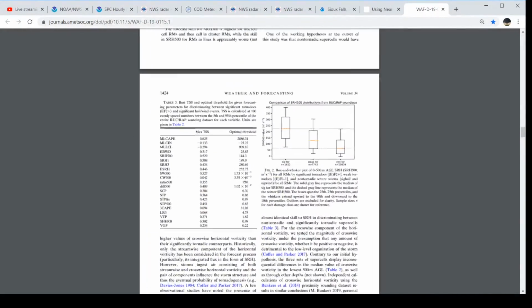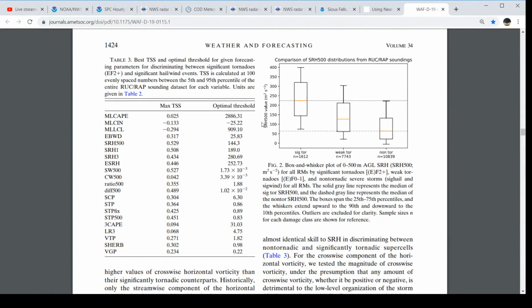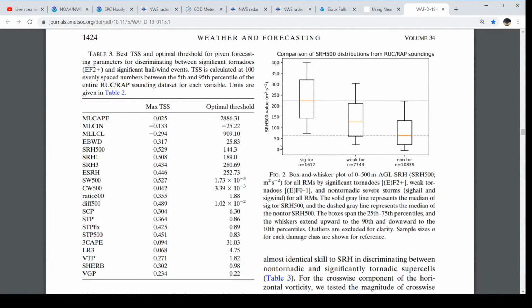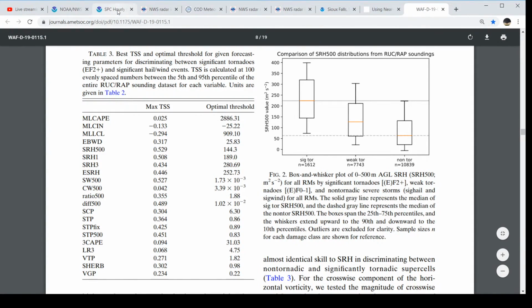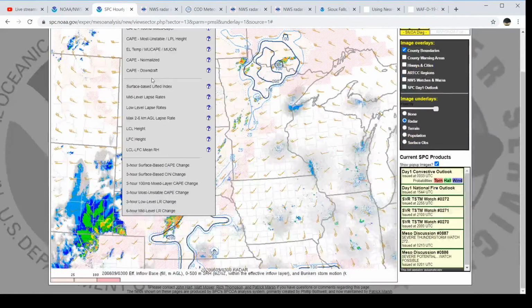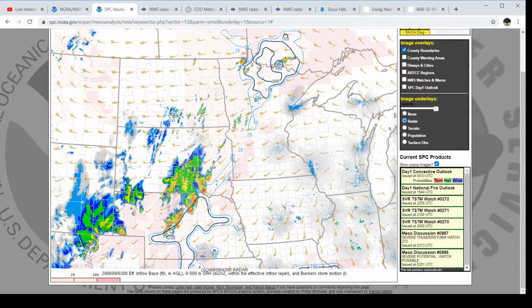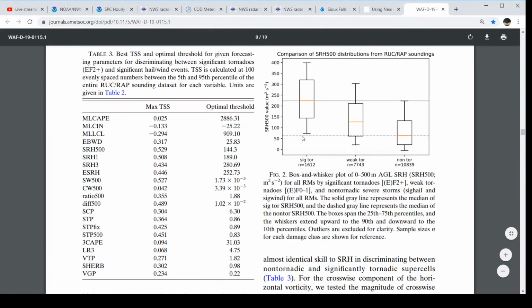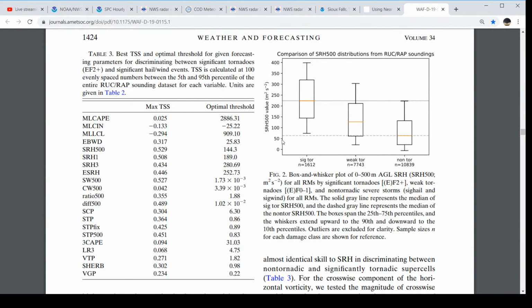But okay, so let's look at this. SRH values for 500 meters per second. So let's look back right here. We're going to look at our box and whiskers. As we can see, everything is about in the 100 range. This is in the 50, this is the 25. So if we look at the box and whiskers, almost everything in the 50 range is almost non-tornado or very weak tornado.